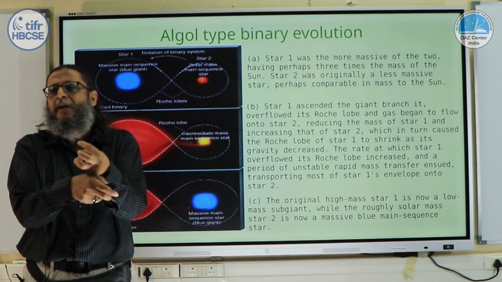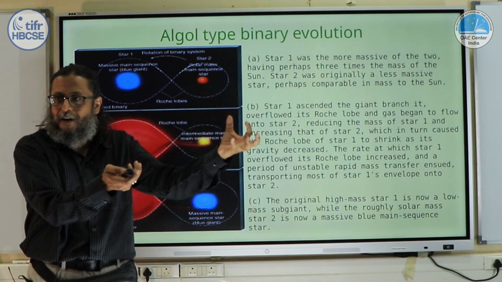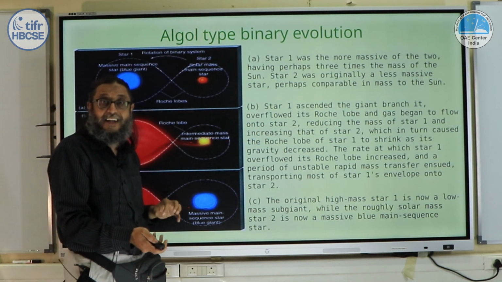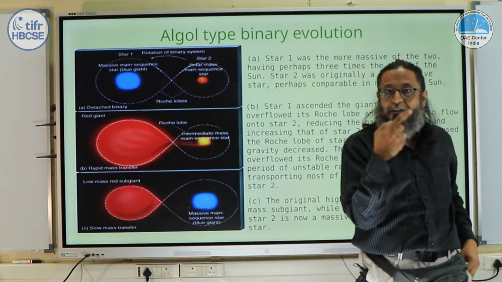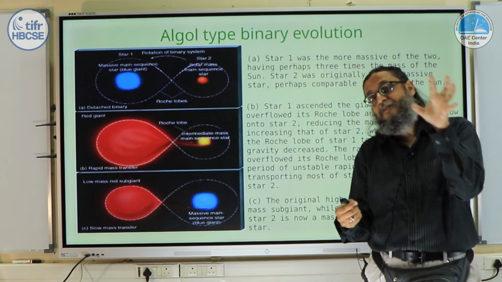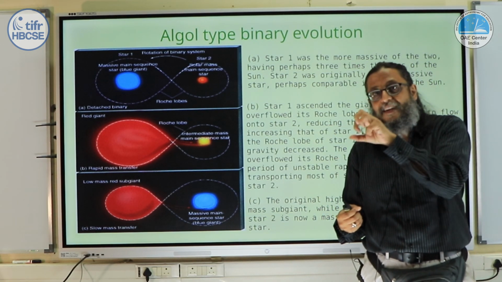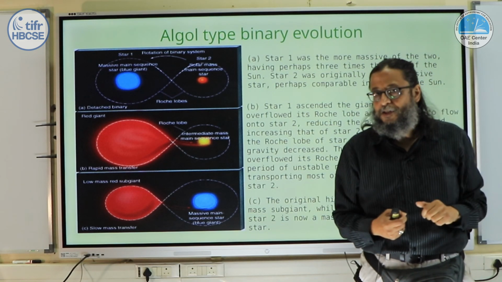And that completely changes the nature of the evolutionary path that every individual star takes. And hence, the light curve of the eclipsing binary system is not what you would expect from typical spectral classifications of the stars.